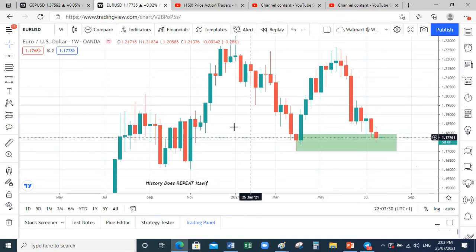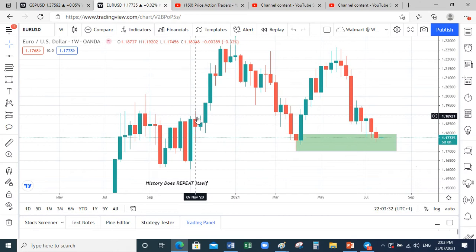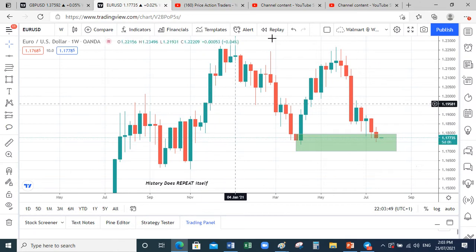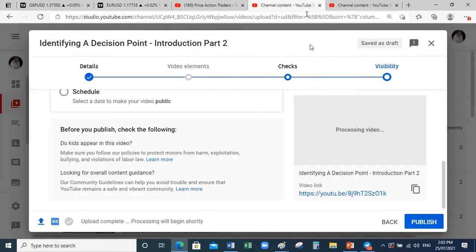There was a part of the candlestick here that went up, down, up and down. So that creates a decision point between buyers and sellers. So there was a struggle here. This wick represents the higher price rejection, while this lower wick represents the lower price rejection, right?